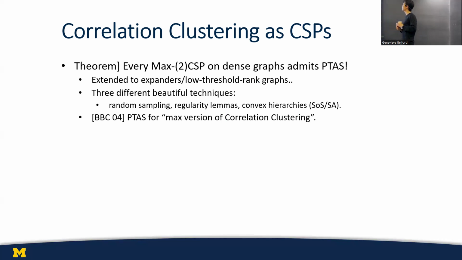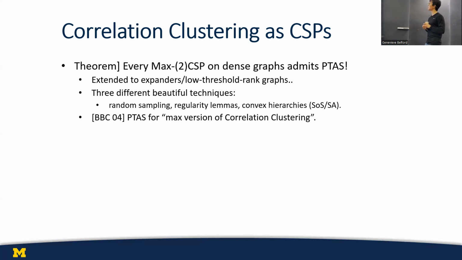And people used these ideas to extend the result to other classes of graphs even more general than dense graphs, including expanders and low threshold rank graphs, more special notions of dense graphs. What I like about this technique even more is that if you look at the literature, there are three seemingly independent, at least to me, equally beautiful techniques.